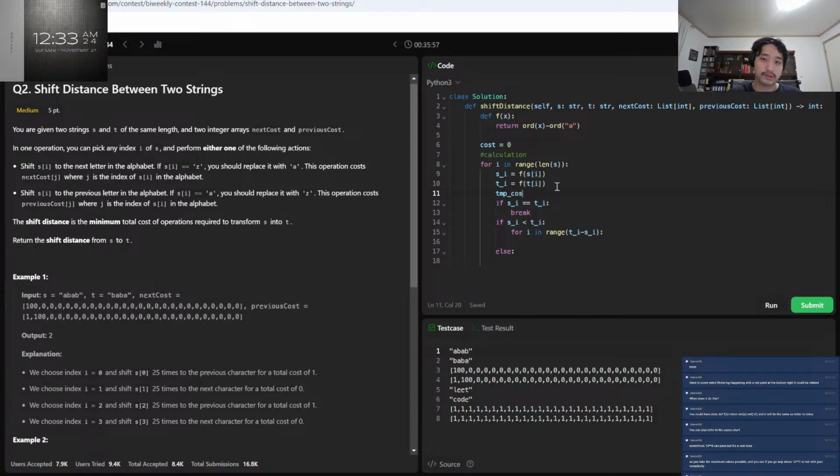Temp cost. Why is my brain not working? Because if it's smaller, it has to move this way, so it would take, what's it called, next cost.